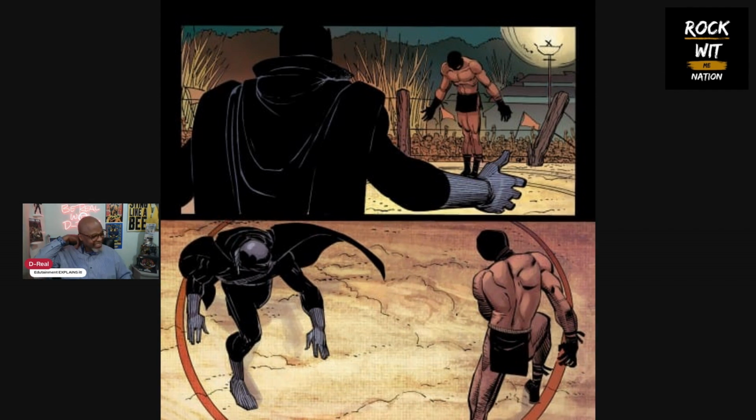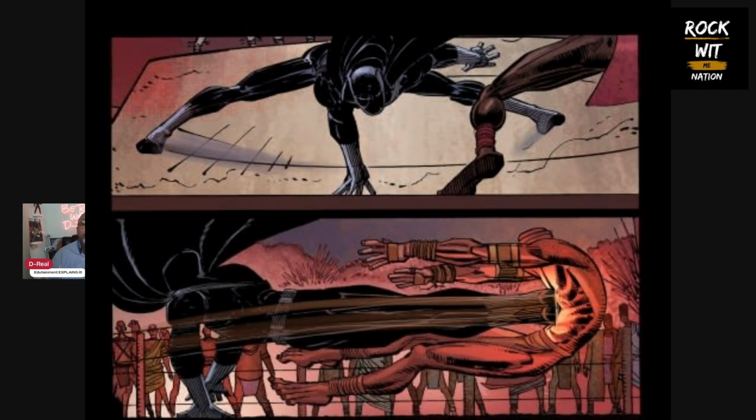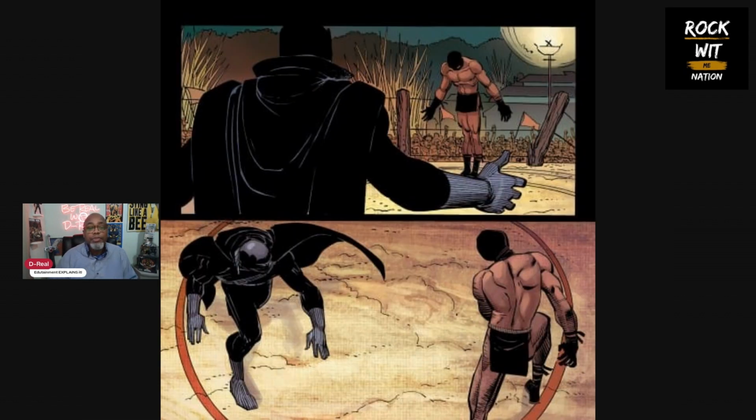That's Zuri standing in as Black Panther, and T'Shan is his son. There. That was T'Shan. He just gave them that. He did that to his son. So imagine what he gonna do to anybody else that run up in there. So this fella right here thinks, oh, I'm gonna get in here and mix it up with the Black Panther.